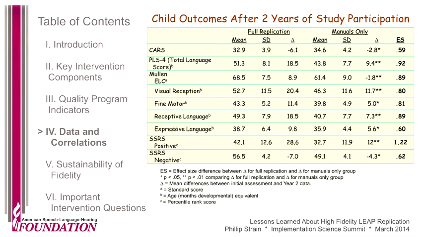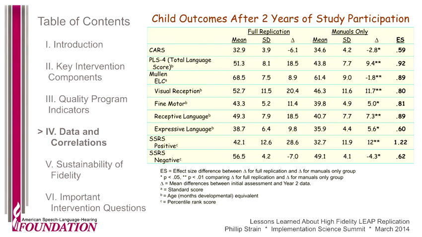And as you see, going down the list, the effect sizes range from moderate to whopping. So a way to read, for example, the PLS-4, which most of you are familiar with: kids on average in the full replication classrooms made 18.5 months developmental gain over a 14-month period.